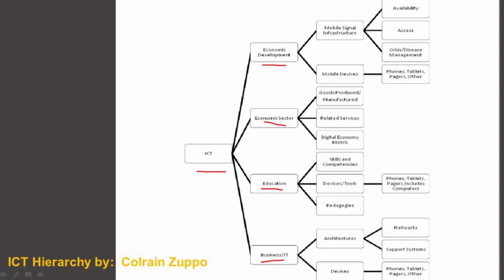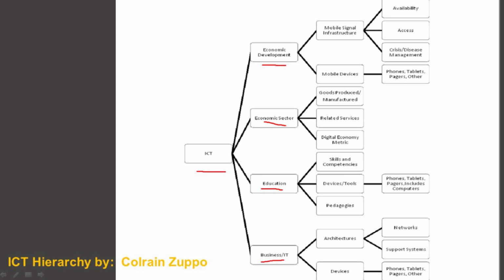As you can see here, according to Coleraine Zupu, ICT is divided into these four aspects: ICT in business or IT, ICT in education, economic sector, and economic development.